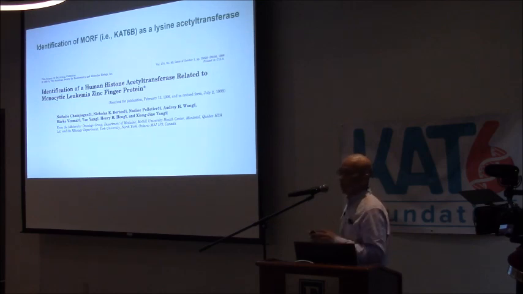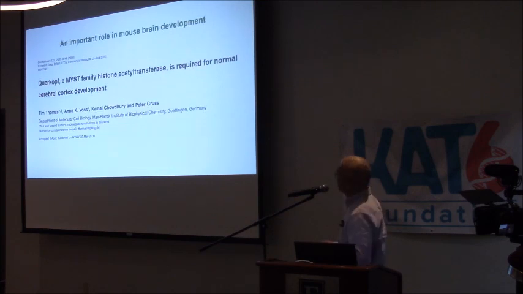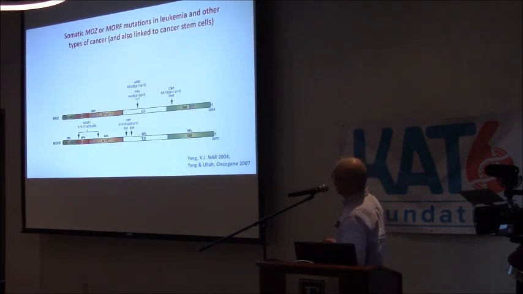So this is the molecular level, to demonstrate that the protein is an acetyltransferase. Afterwards, Dr. Wolf and Thomas' lab, I think they were still in Germany at that time, demonstrated that this protein is important for brain development. And then another lab showed that both genes can be rearranged in leukemia.